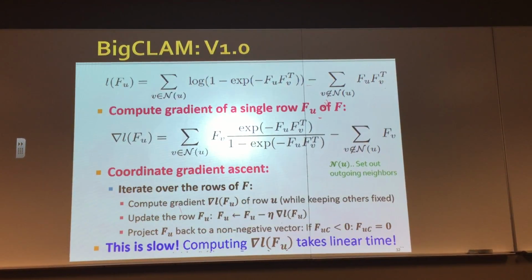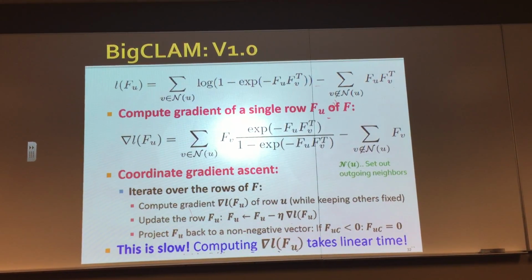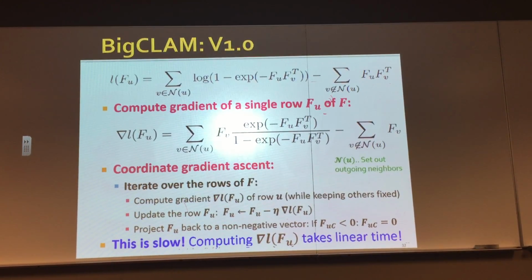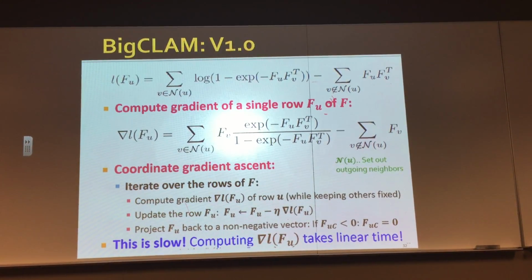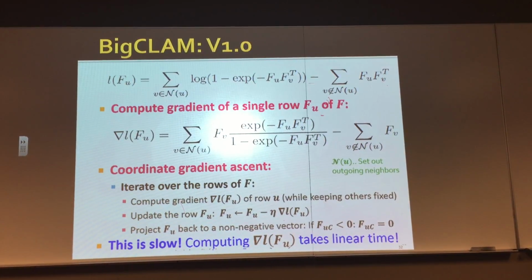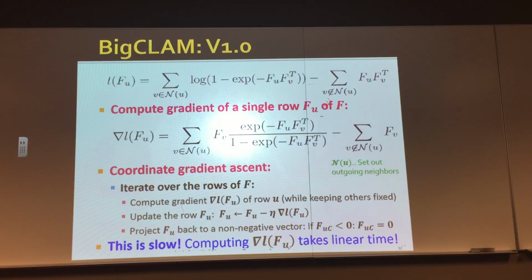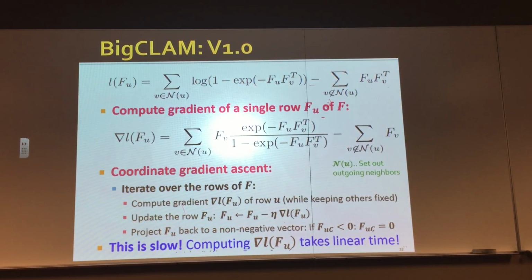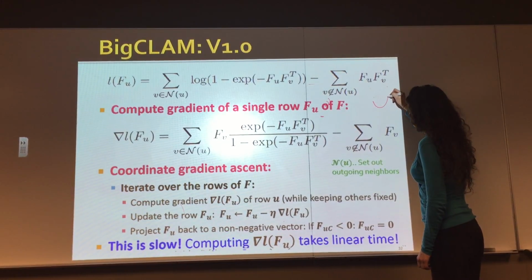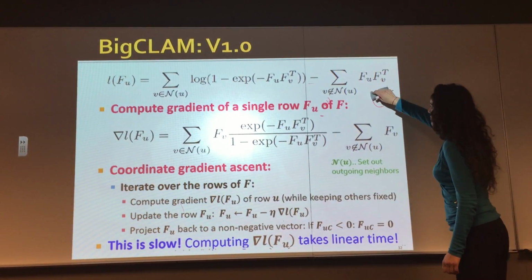What we have here is the gradient of that formula that we have just seen. So we're going to take the derivative of the log likelihood. The gradient we can think of as the slope.